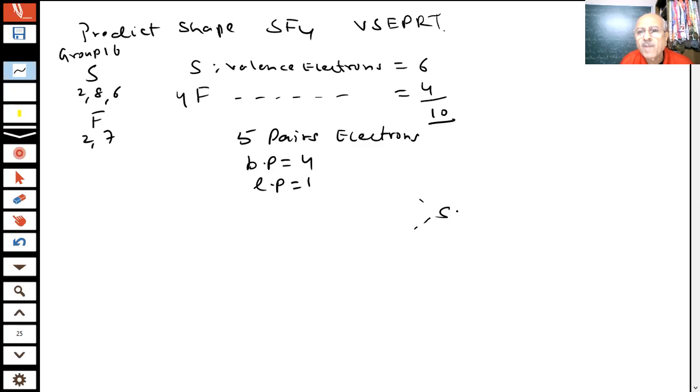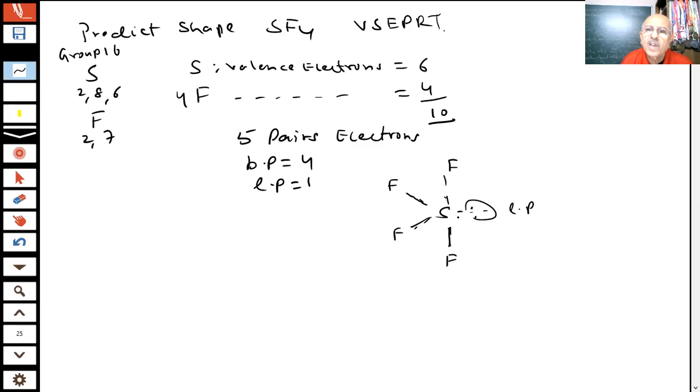This is my trigonal bipyramidal shape. But in this case, what is the story, students? This sulfur has 4 F, 4 bond pairs, and there is a lone pair. This is my lone pair.